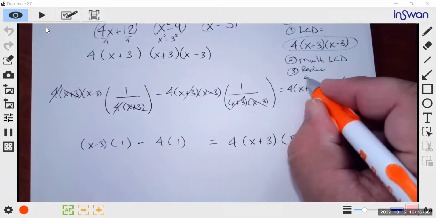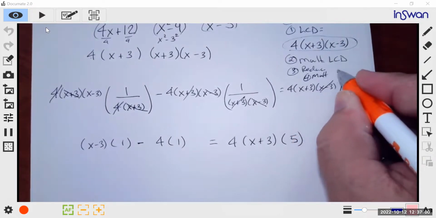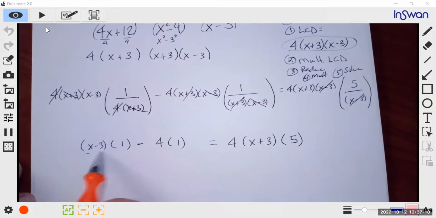Fourth step, multiply to get rid of the parentheses, and then solve. So x minus 3 times 1 is simply x minus 3.